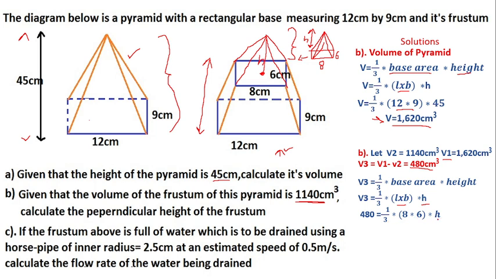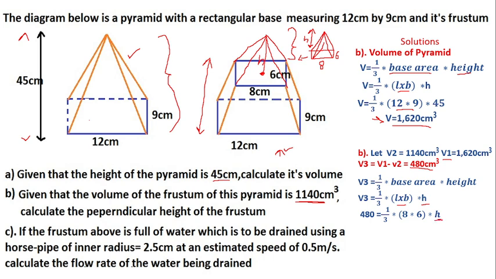We don't have the height, remember. This is the reason why we have used the V3, which we have calculated, because we want to find the height of the top small pyramid there, whose volume is 480. Hope we are following.